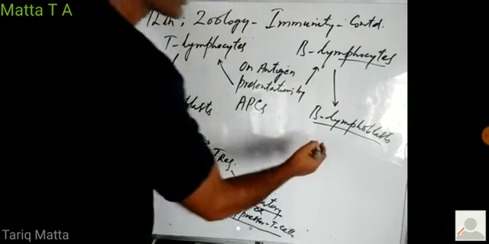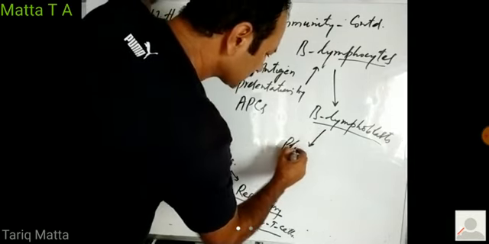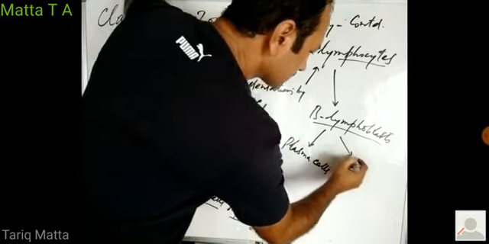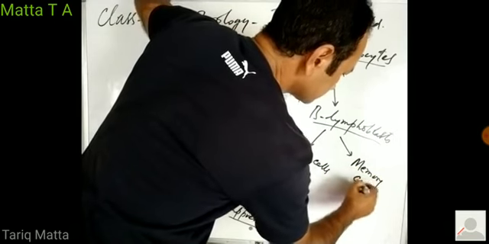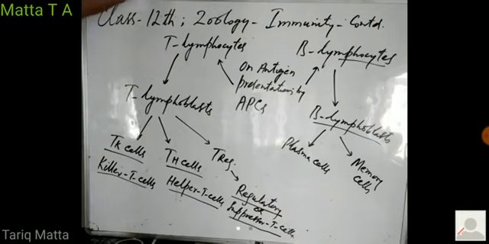Similarly, B lymphoblasts divide into two types of cells known as plasma cells and memory cells.